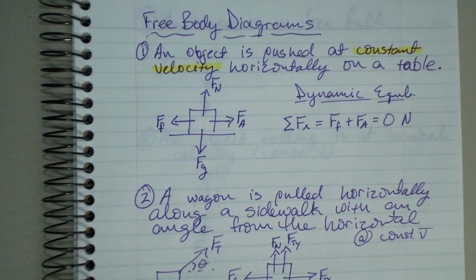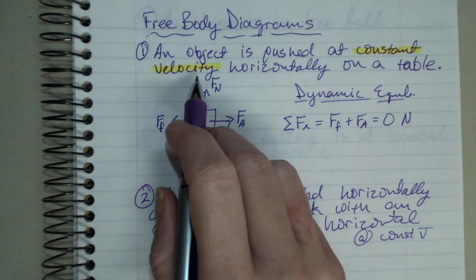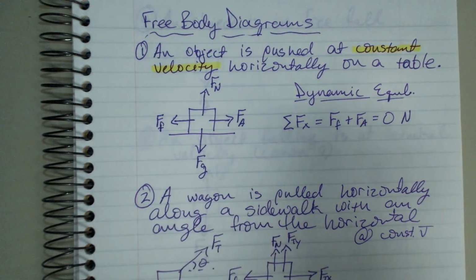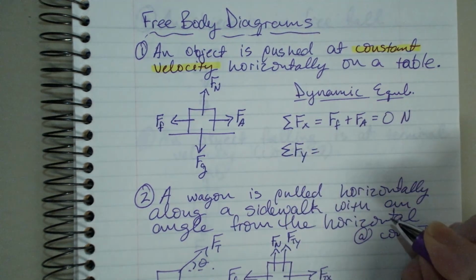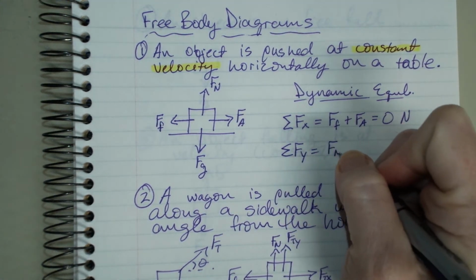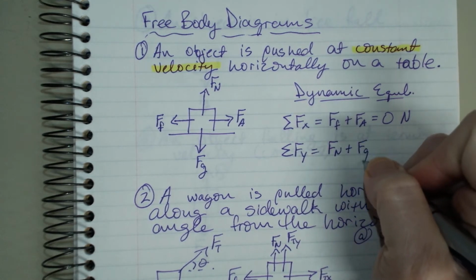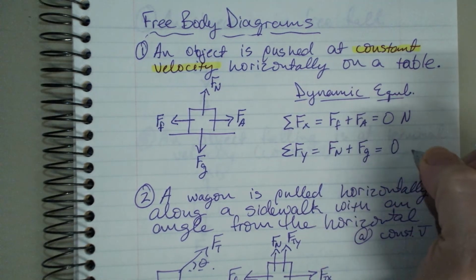It's also not moving up or down, so it's in equilibrium in the y plane. So your net force in the y direction would be the normal force plus the weight, and that equals 0 newtons.